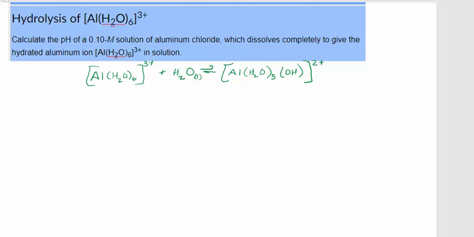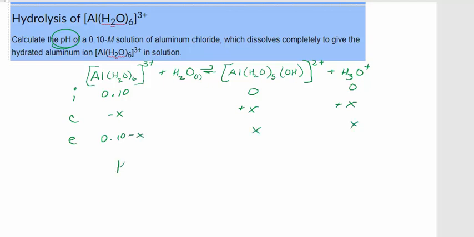So if we're going to calculate the pH, then we need to treat this as any other weak acid. So initially we have 0.10 molar. We're going to change that concentration by some value x. And then at equilibrium, we'll have these values. Now the Ka was given to us in the text, and it was 1.4 times 10 to the negative 5.